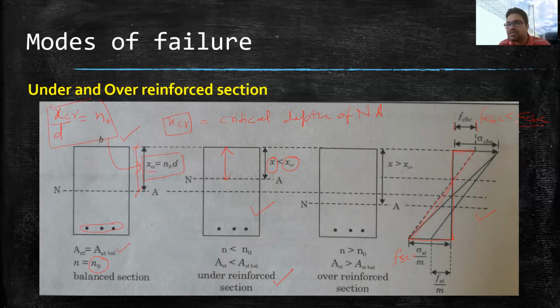Sigma CBC is the permissible value and FCBC is the actual value. So in case of steel, the actual stress is equivalent to the maximum permissible stress, while in case of concrete, the actual stress is less than the permissible value.